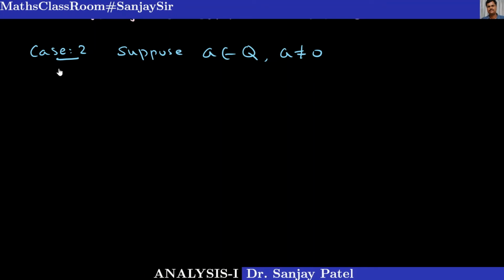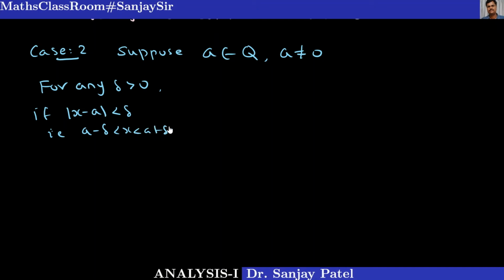So let us start by thinking this way. For any delta greater than 0, if |x minus a| is less than delta, that is, a minus delta less than x less than a plus delta, then that implies |f(x) minus f(a)| is equal to, I can write like this, |x minus a|.